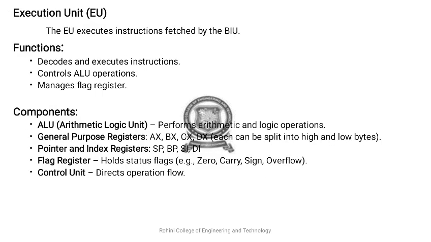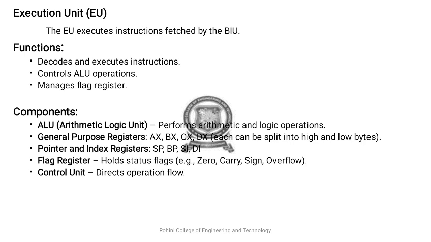Execution unit. The execution unit executes instructions fetched by the BIU. Functions: decodes and executes instructions, controls ALU operations, manages flag registers. Components. Arithmetic logic unit performs arithmetic and logical operations. General purpose registers AX, BX, CX, DX.